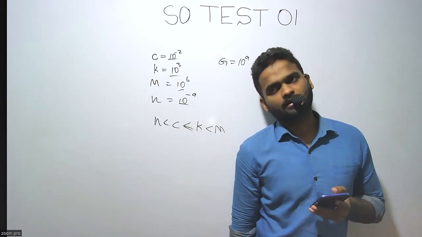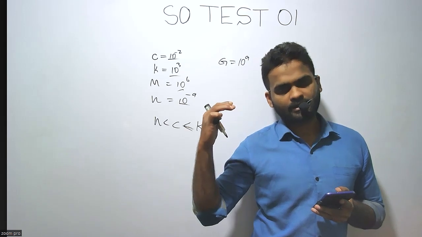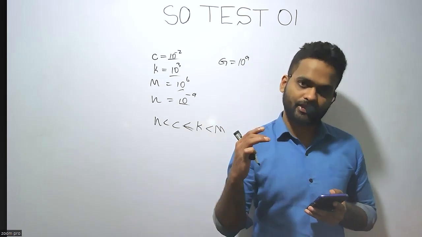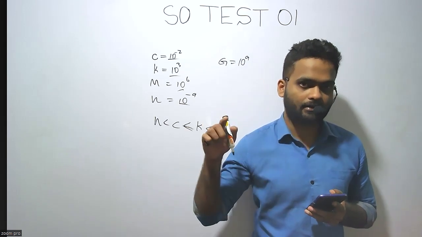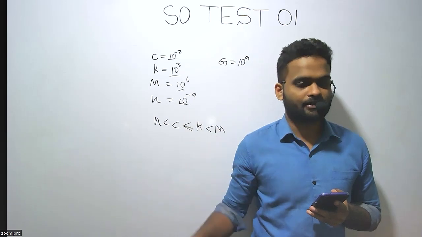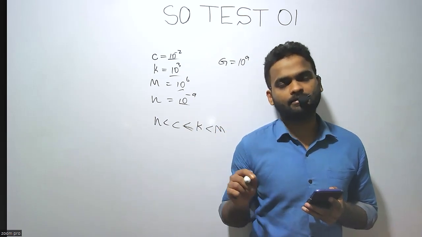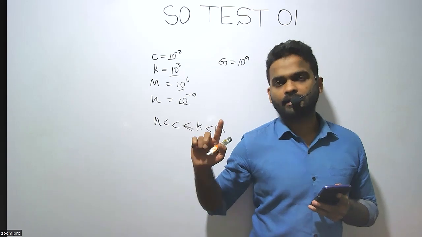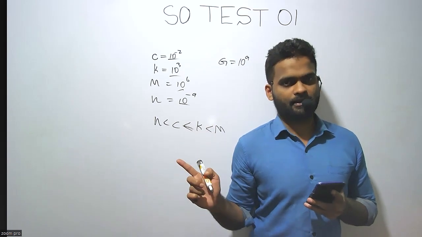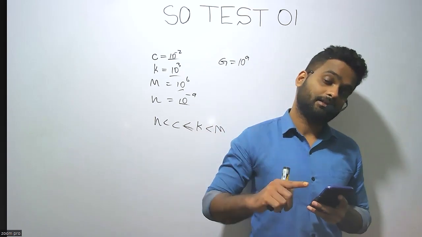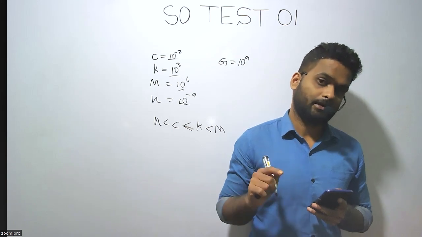It looks like a derived unit, but by definition, the electric current measured in amperes is made a fundamental unit. Electric charge is not a fundamental unit, but electric current is made a fundamental unit.